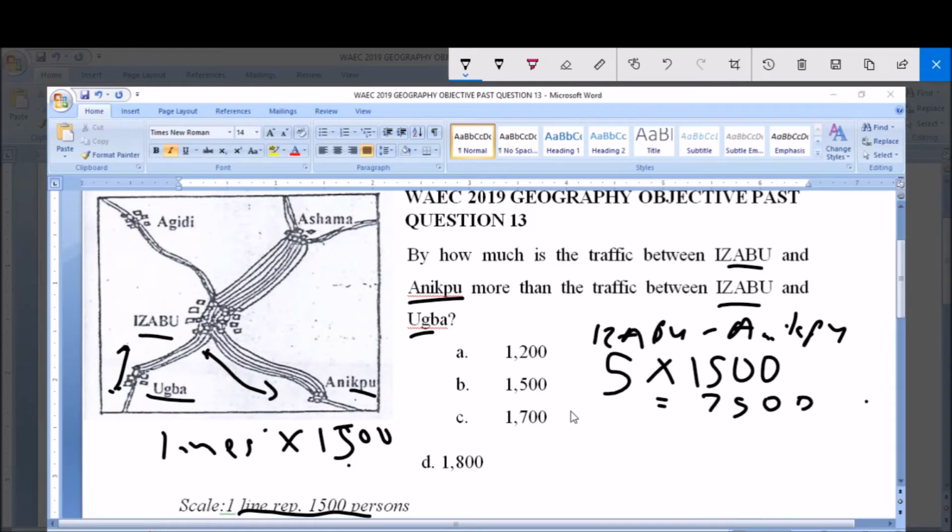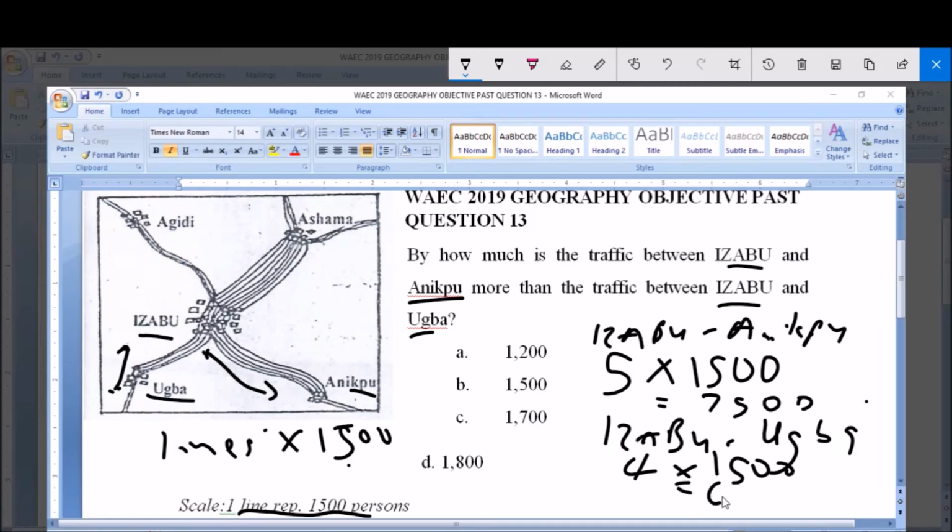Now the second one is between Izabu and Uba, and that's Izabu to Uba. You have 4 lines, so 4 multiplied by 1,500 is equal to 6,000.